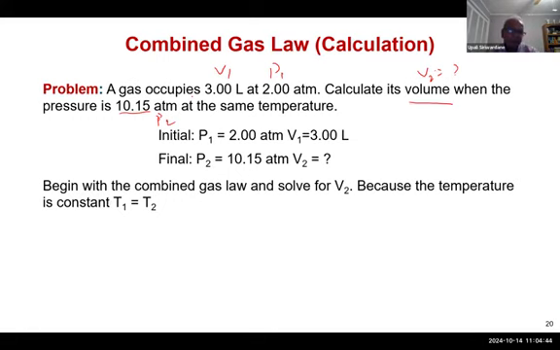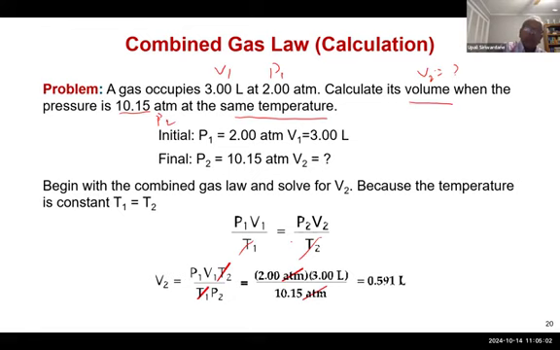Boyle's law is when the temperature is held constant, the same temperature. So you can drop this. This is held constant. Therefore, the combined gas law reduces to Boyle's law. So we can solve for V2 here, rearrange the equation, and calculate the new volume.